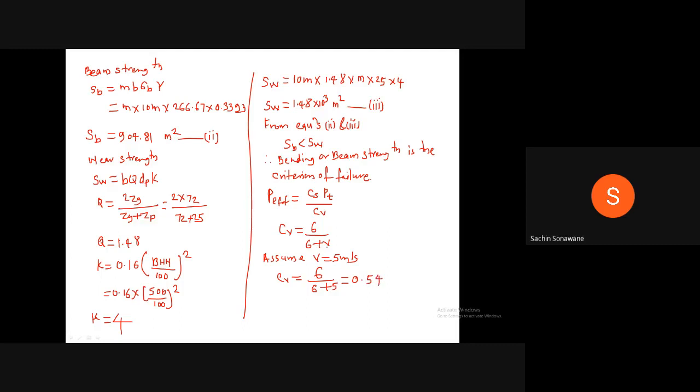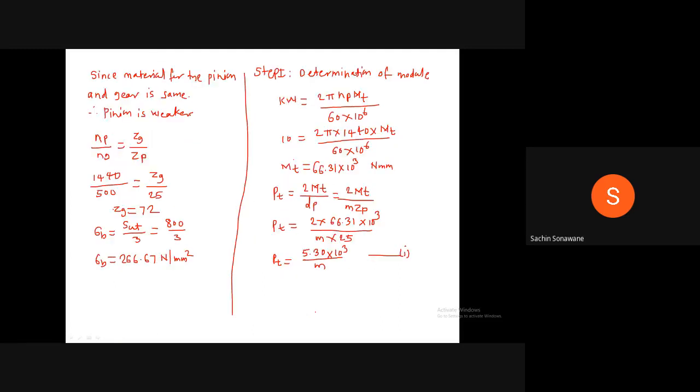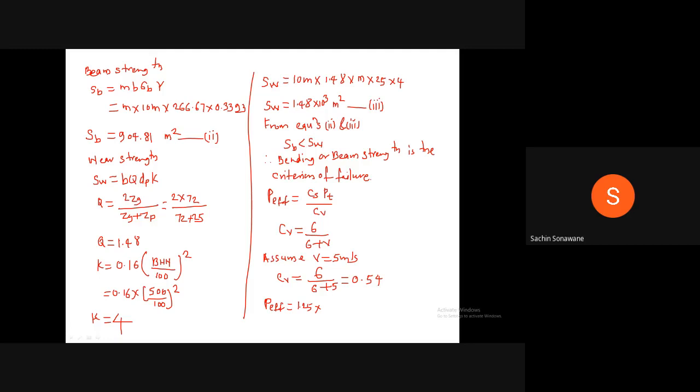Now substitute the value of PT from equation 1, the value of CS and the value of CV, and determine P effective in terms of M. Therefore, P effective is equal to, what is the value of CS? 1.25 into, what is the value of PT? 5.30 into 10 raised to 3 divided by M into 1 divided by 0.54. Therefore, calculate P effective in terms of M.